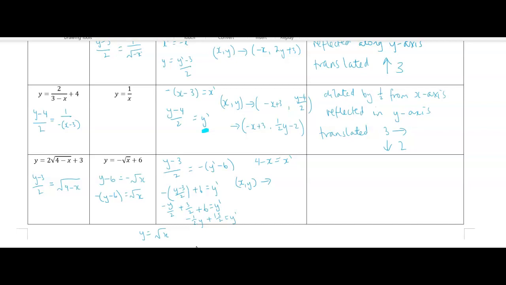So we've got 4 minus x, just write the x first, so negative x plus 4. And then we will do the y. Negative a half y plus 15 on 2.